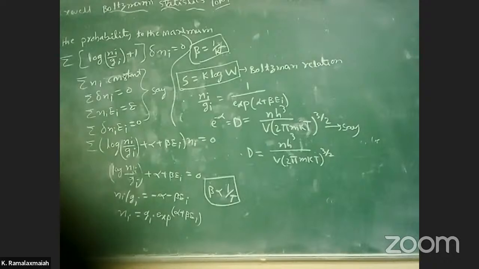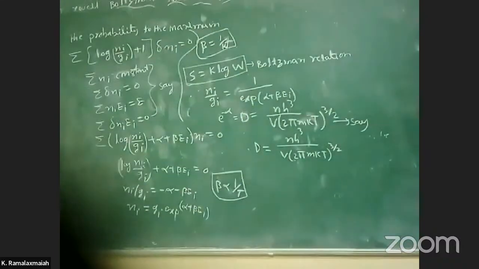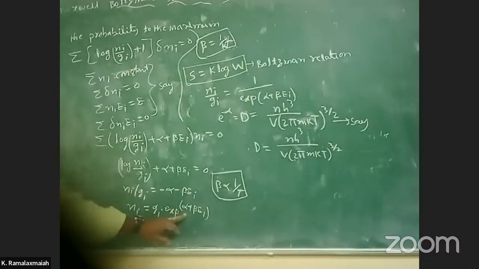So here ni by gi, you multiply the exponential total value in this formula.